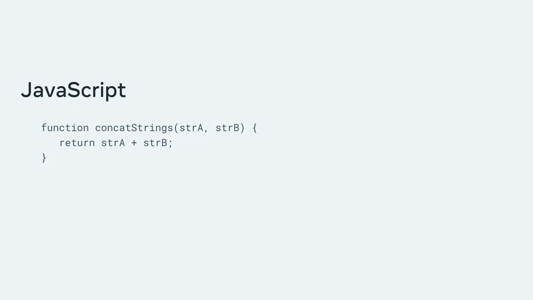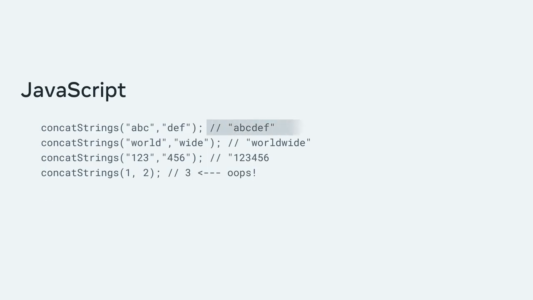For example, I could write concat strings ABC and then DEF, and the returned result would be ABCDEF. When the function receives number 1 and 2, it returns a 3 as a number instead of a string of 1 and 2 together, i.e. 1, 2.